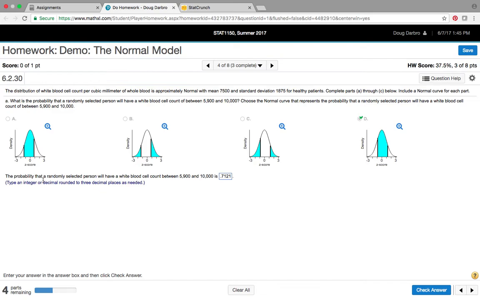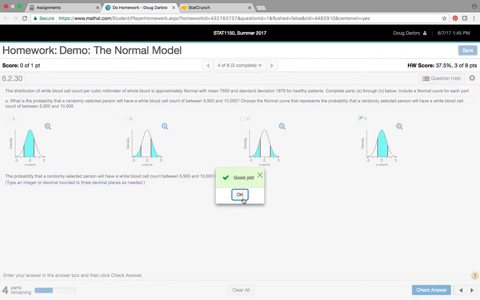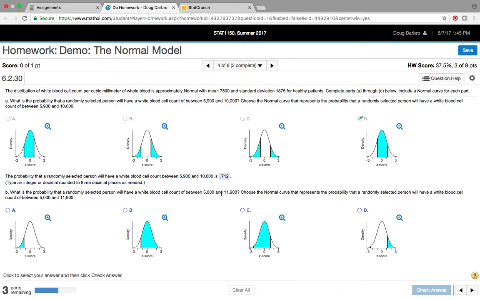Okay, what is the probability that a randomly selected person will have a white blood cell count? Am I absolutely losing my mind here? 5,900 to 10,000, all 3 places. Oh wow. Look at this thing being kind of picky. All right. Interesting. All right.